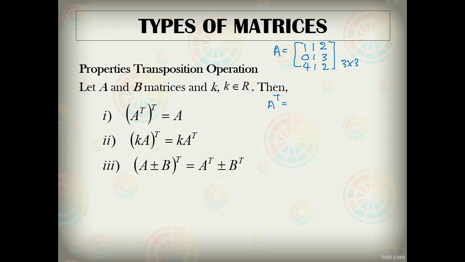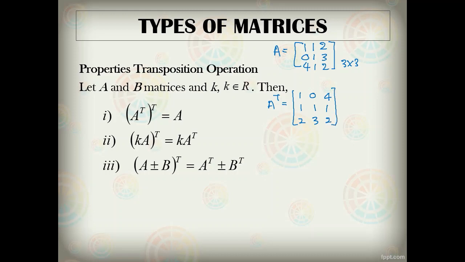I choose to transpose the column to become row. So the first column 1, 0, 4 will become the first row. The second column 1, 1, 1 will become the second row 1, 1, 1. And the third column will become the third row 2, 3, 2.